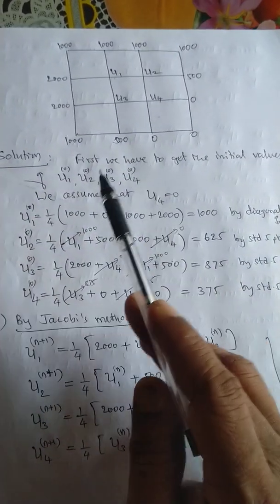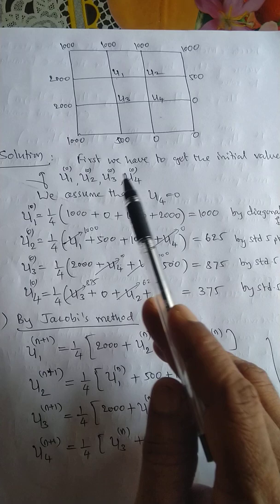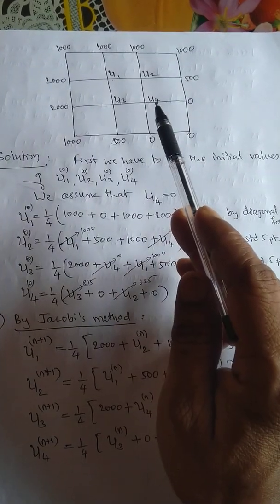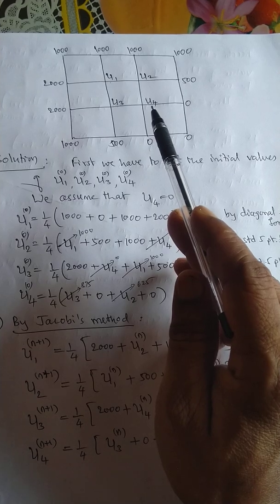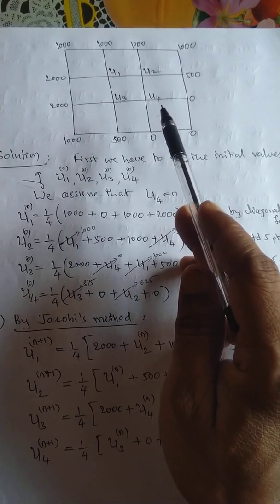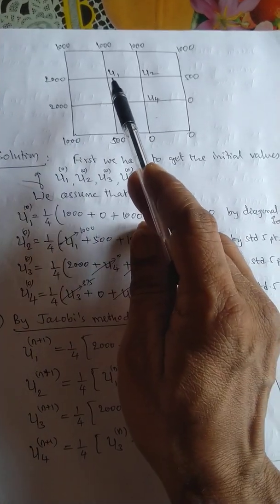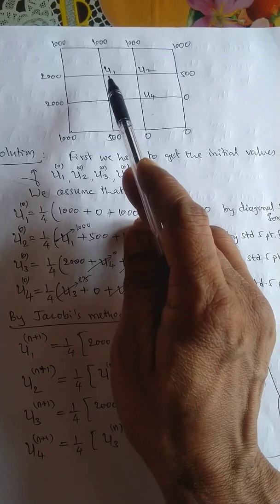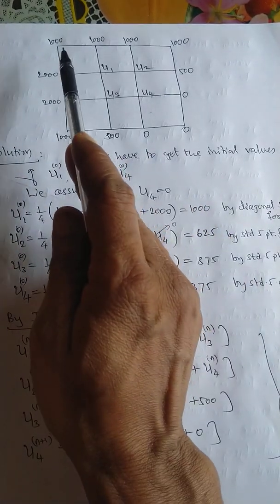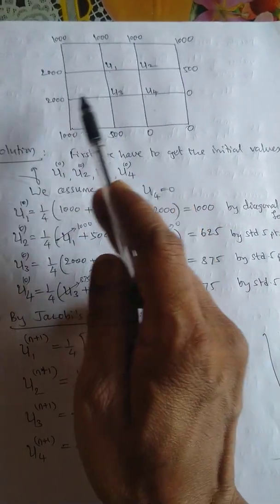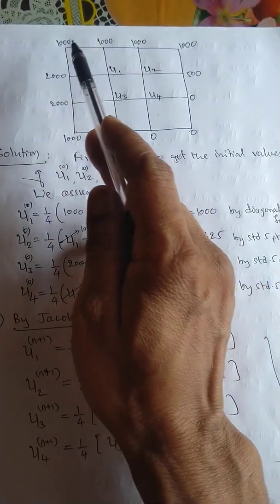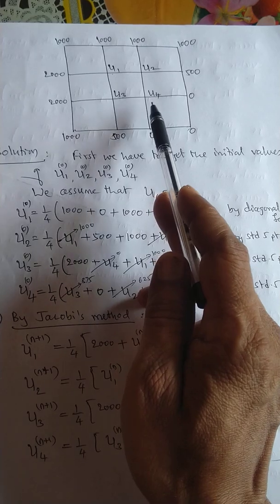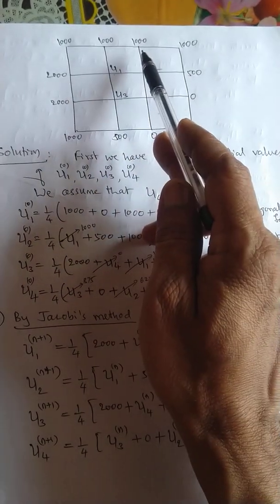To calculate them, let us assume that U4 equals 0. Then U1 is given by the diagonal 5-point formula, this plus this plus this plus this. Its diagonal points are 1000, U4, 2000 and 1000.